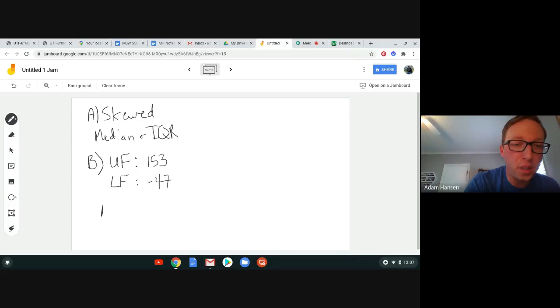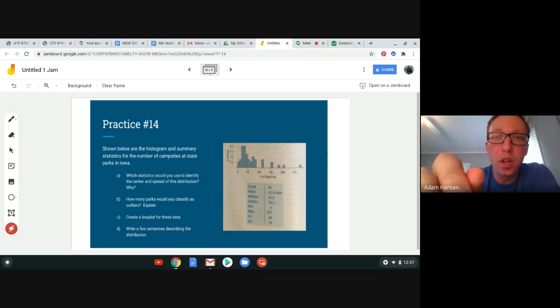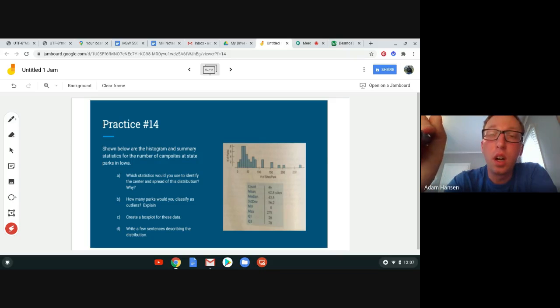So there are approximately 4 outliers, as you could have seen on the histogram. There are approximately 4 state parks that have more than 153 campsites.